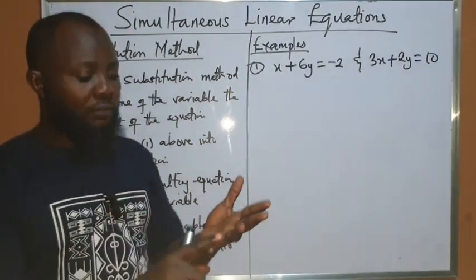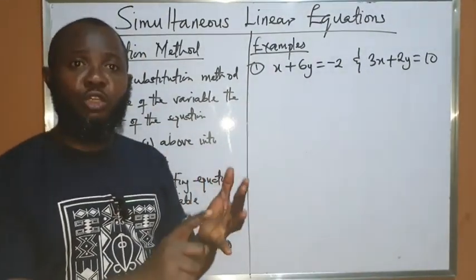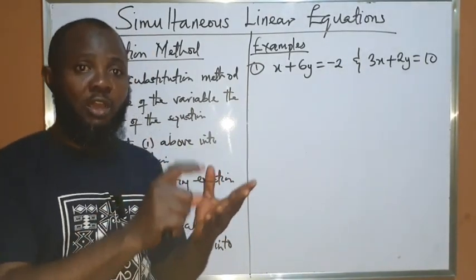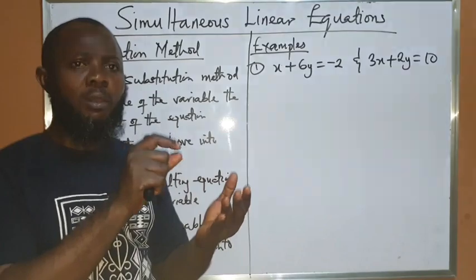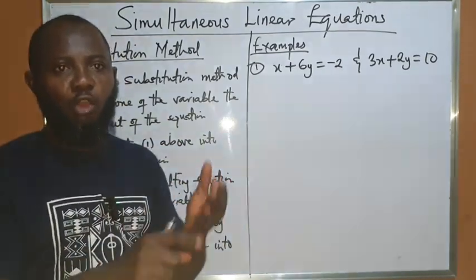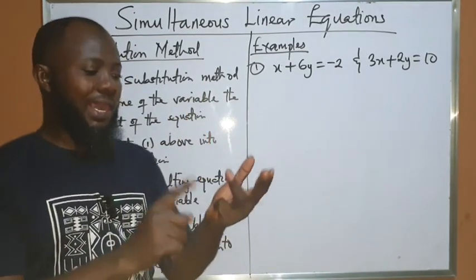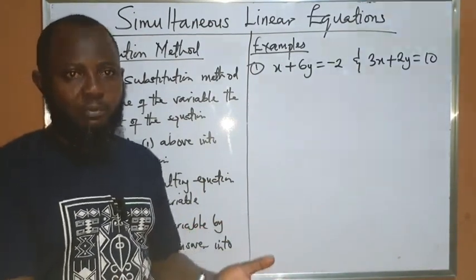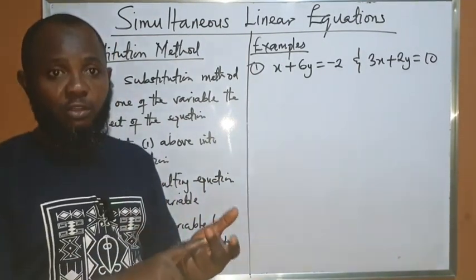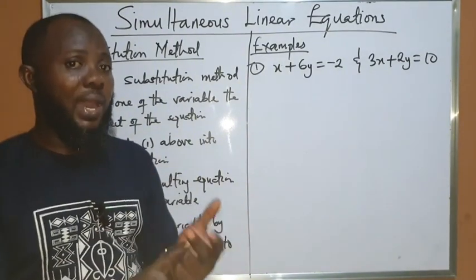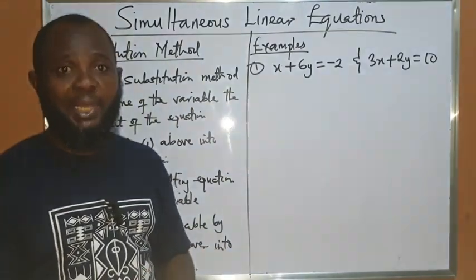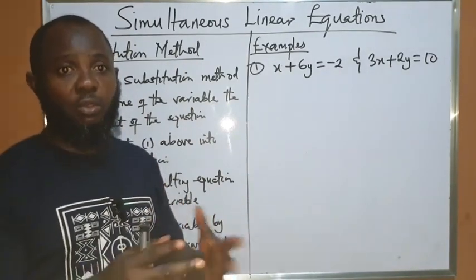One of the best ways to know that you're going to use the substitution method is that one of the variables, that is one of the unknowns, must have a coefficient of 1. If x has a coefficient of 1, we make x the subject of the formula. If y has a coefficient of 1, we can also make y the subject of the formula, but it doesn't matter. We're still going to look at an example where none of the variables has a coefficient of 1.